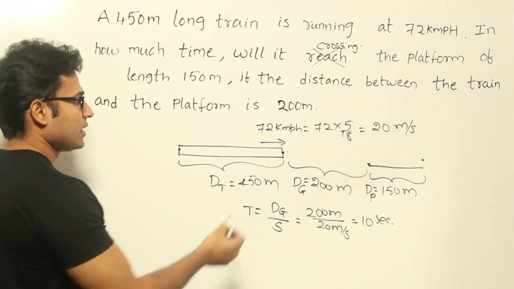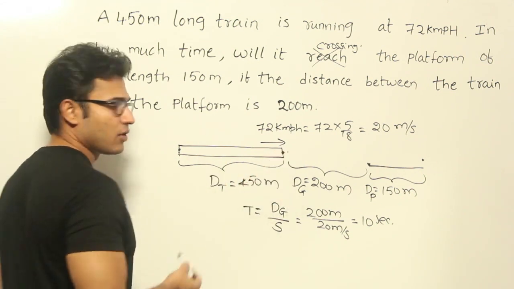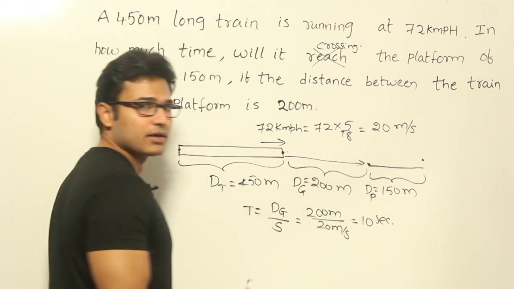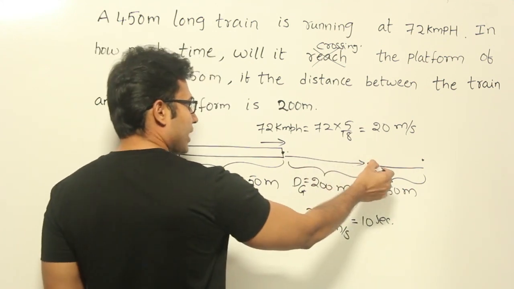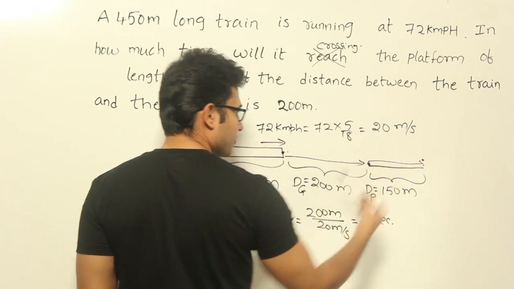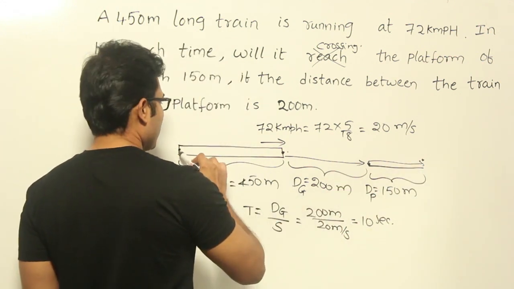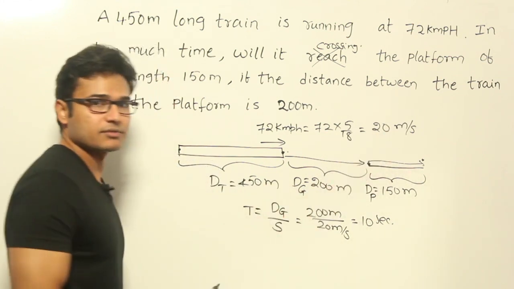The beginning of the train has to cross this entire gap, then the entire platform, and then the end of the train also has to cross it.